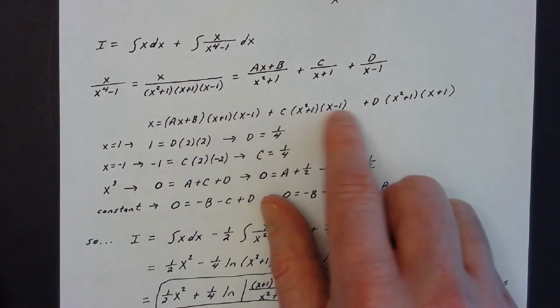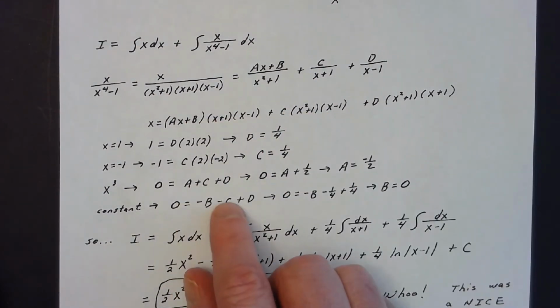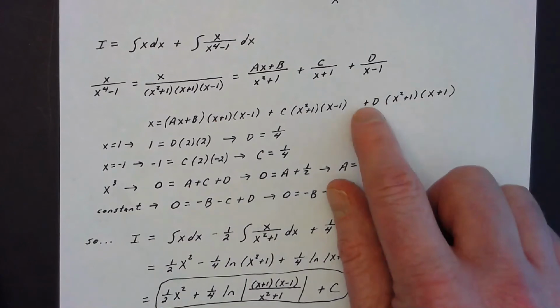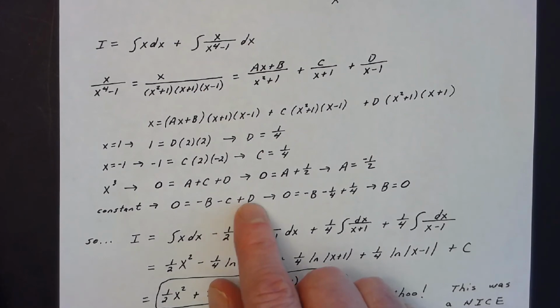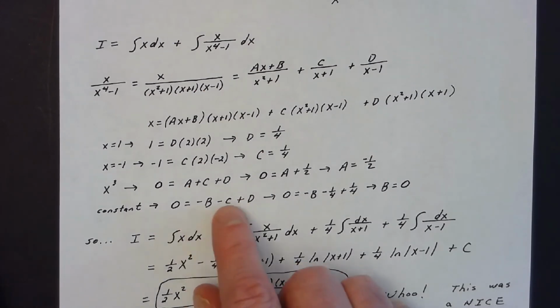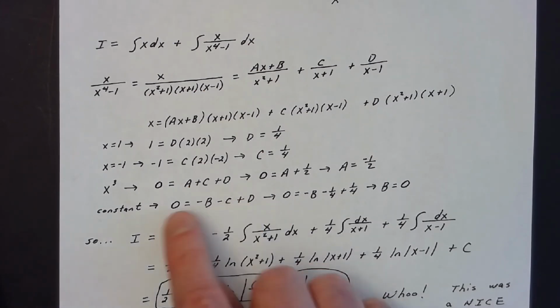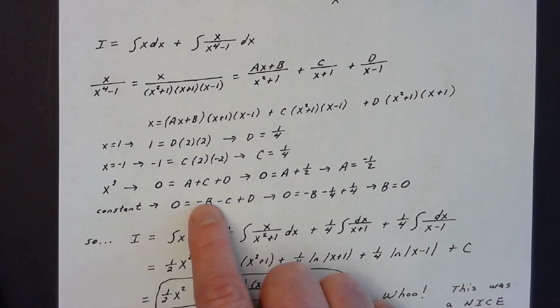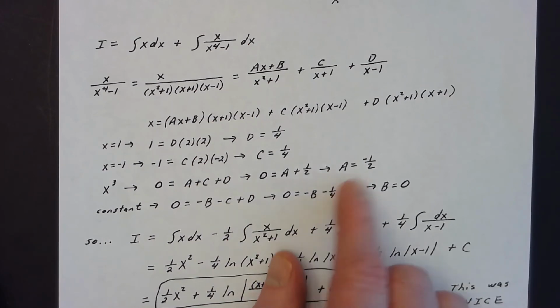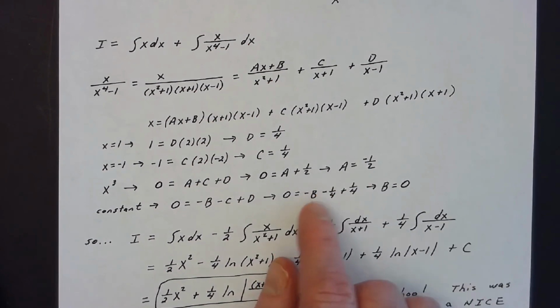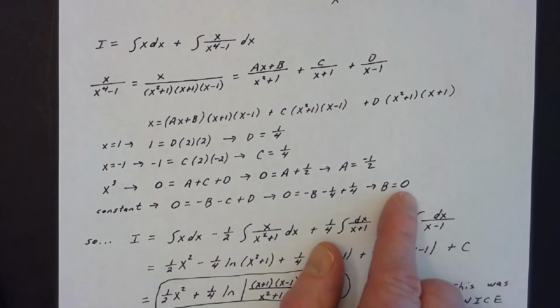Same thing for c, it would be multiplying a negative 1, so I'll get negative b minus c, and then I would have plus d, because d is going to be multiplied by 2 positive 1s. So then I can say negative b minus c plus d must equal 0. So negative b minus c, which is minus 1/4, plus d plus 1/4, those two clearly cancel each other out. You just get negative b is 0 in this case.